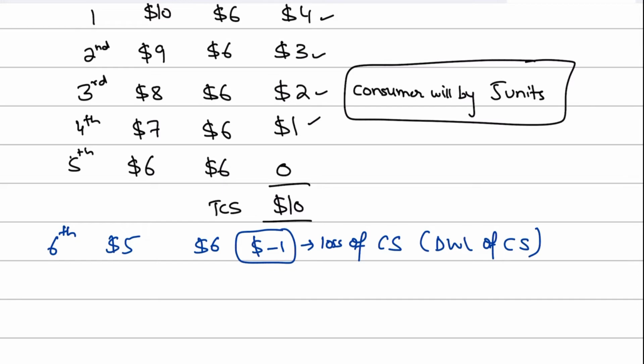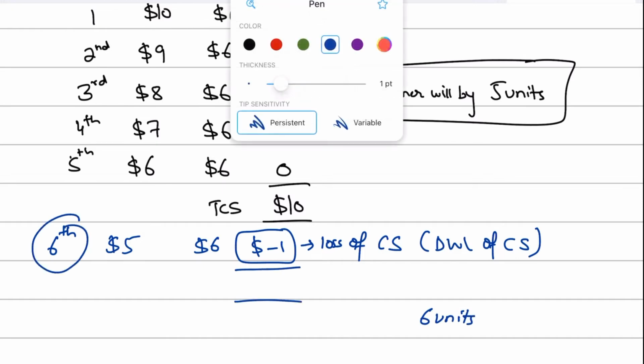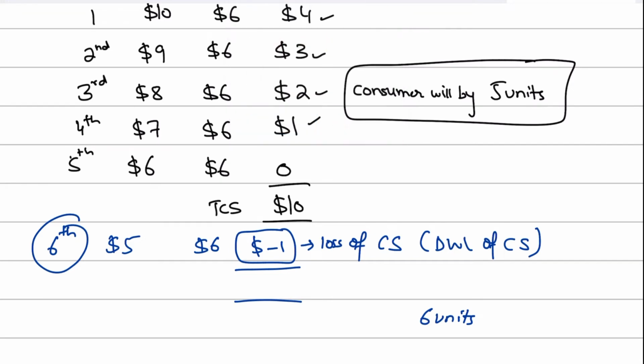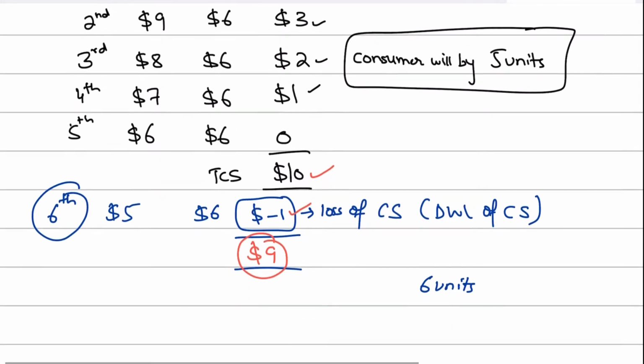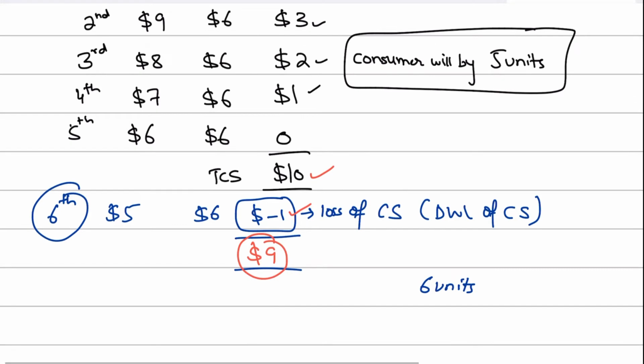If I end up buying 6 units, then my total consumer surplus would decline from 10 to $9, right? Because 10 was the amount I gained, and 1 is the amount of consumer surplus I lost, which means now my total consumer surplus is only $9. So that is why I could fairly say that $1 represents my deadweight loss of consumer surplus, just a loss of consumer surplus, right? Okay, fine, perfect.